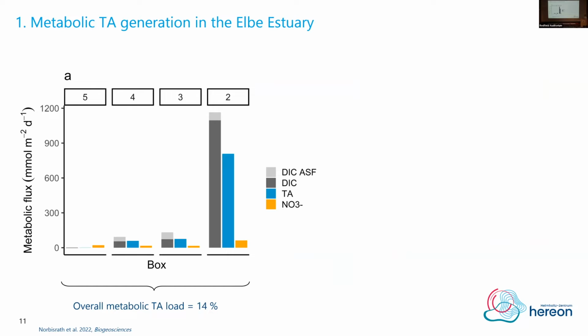As a result from our box model approach, we got net dissolved budgets per box, and we identified box 2, which is the Hamburg port, as the one with the strongest metabolic activity. When we look at the DIC bar in gray and its CO2 air-sea flux in light gray, we see that, compared to the produced DIC, there is a relatively small outgassing.